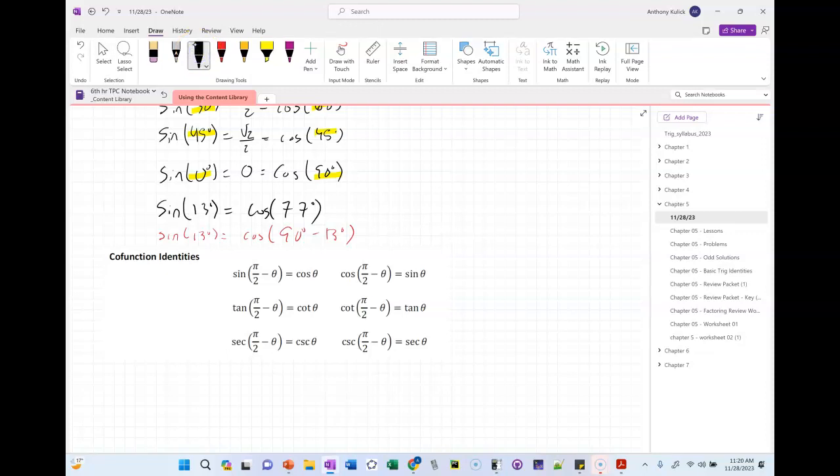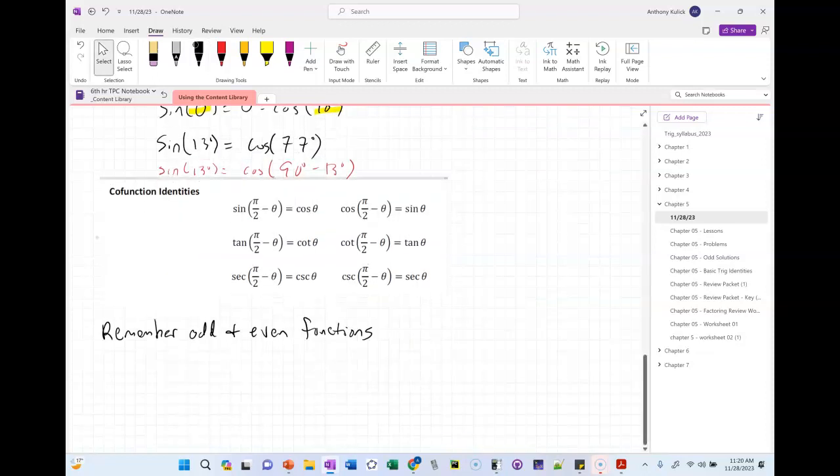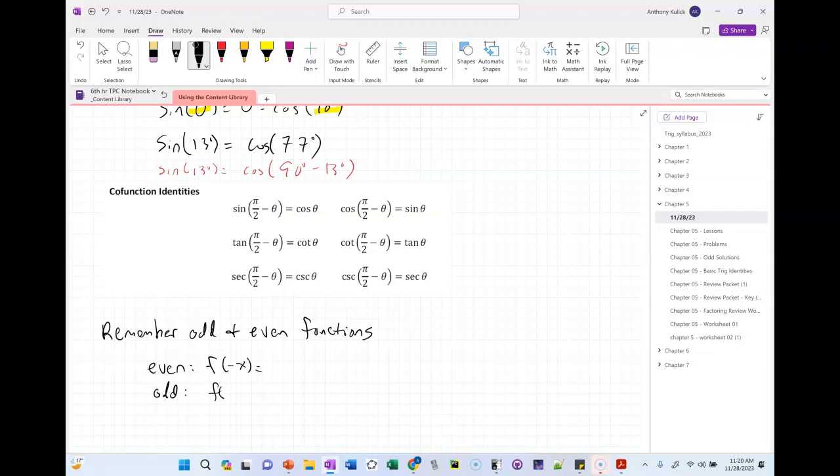And our last set of identities is going to come from what we remember about odd and even functions. Remember way back to chapter 1 when we talked about odd and even functions. Does anybody remember what the definition for an even function was?